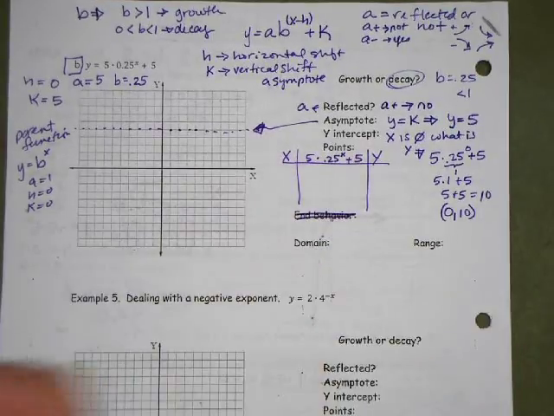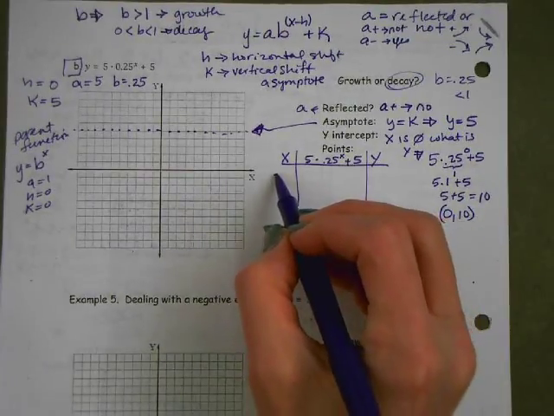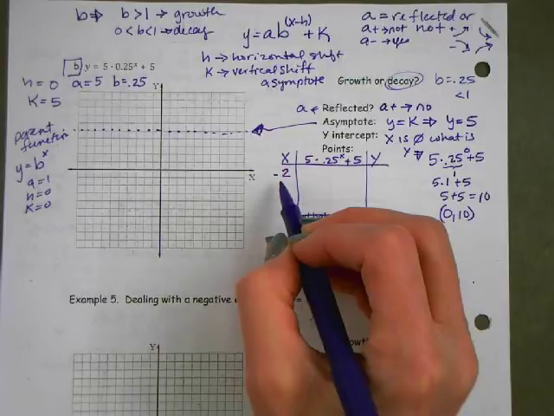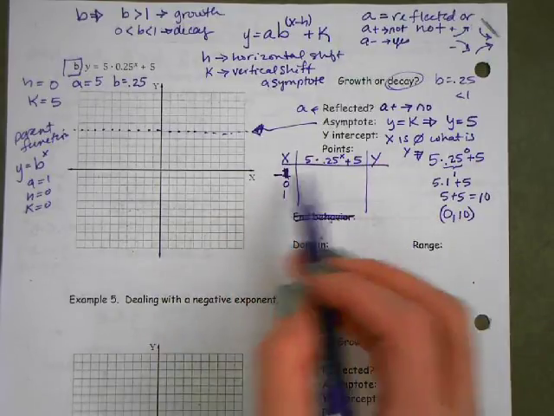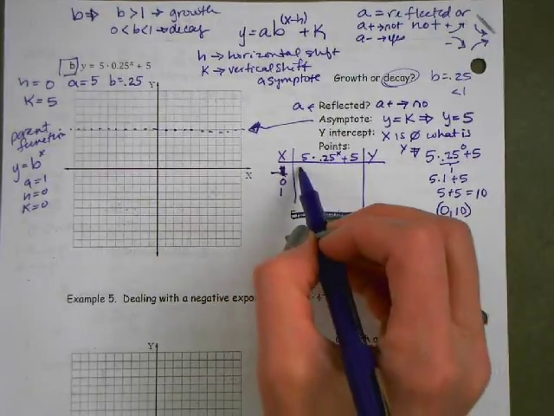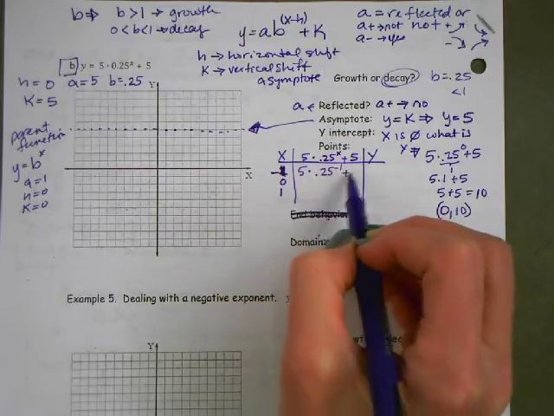Let's give it values of, let's just do -1, 0, 1. So if I put -1 in here, that's going to be 5 times 0.25 to the -1 plus 5.